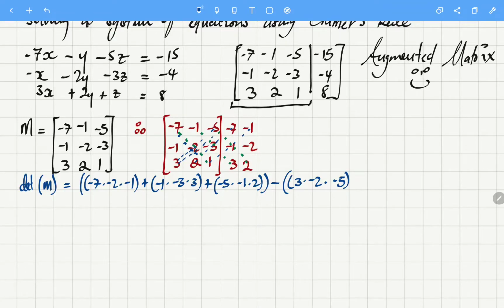And plus 2 times minus 3 times minus 7, plus 1 times minus 1 times minus 1. Okay, so simplifying further.